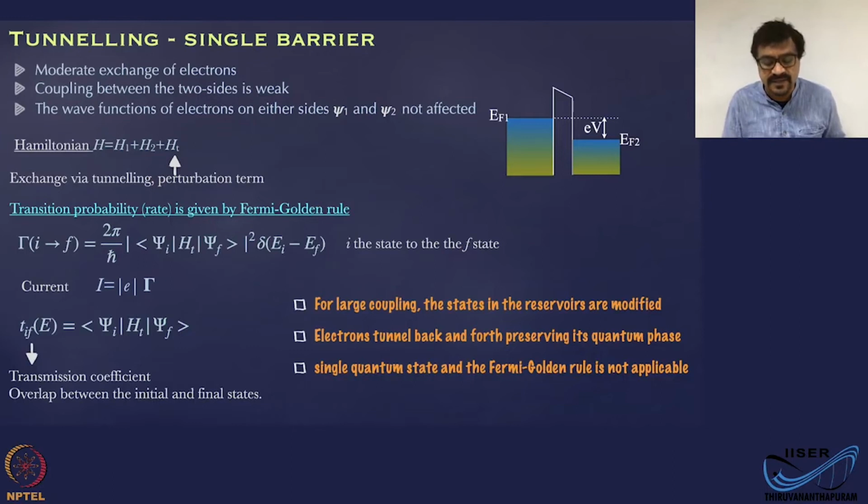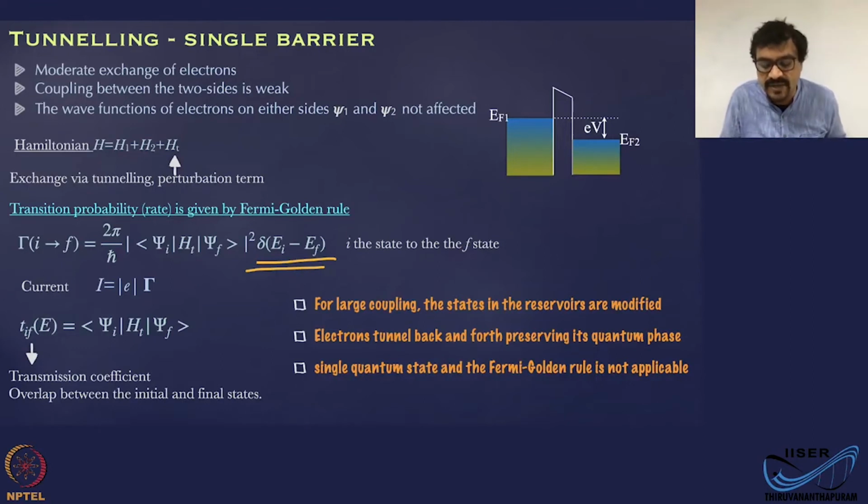Okay, which actually says the rate from the initial state to the final state is given by this matrix element, which couples the initial and final state through the tunneling Hamiltonian, and the delta function of EI minus EF. Okay. This delta function says it is going to be 0 for every other energy.